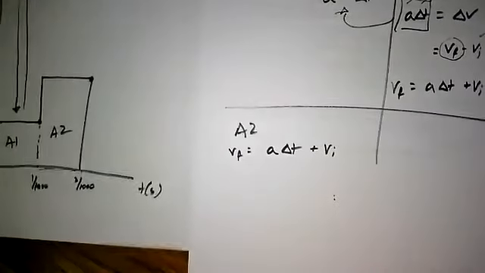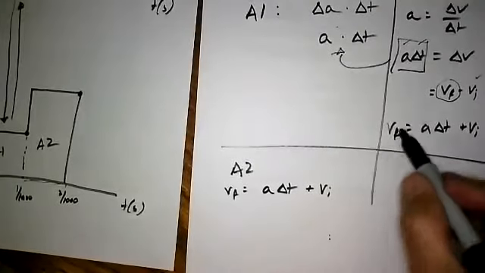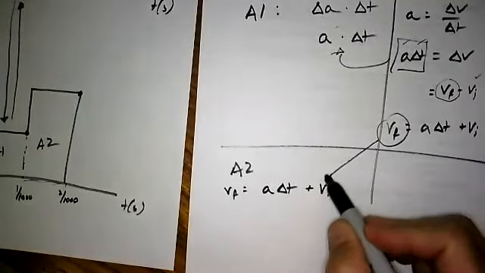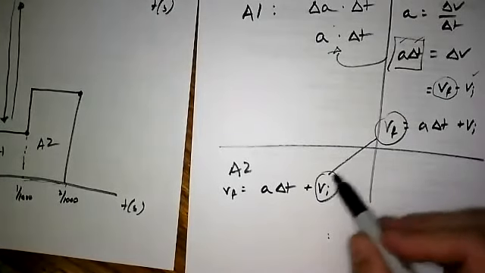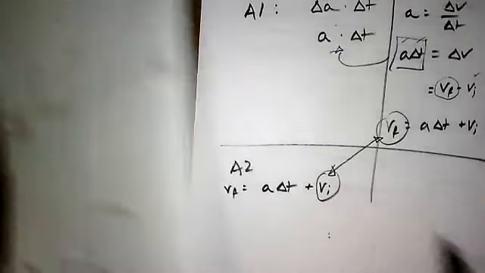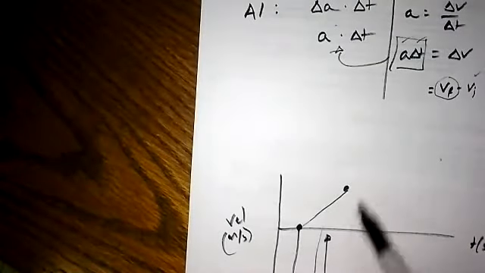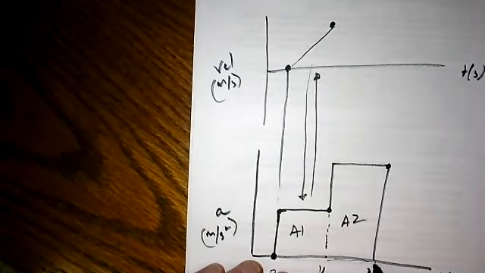This initial velocity is actually the final velocity from the previous time interval. These will be the same values. And what I'm going to do is add to this velocity the product of the magnitude of the acceleration and the delta t.